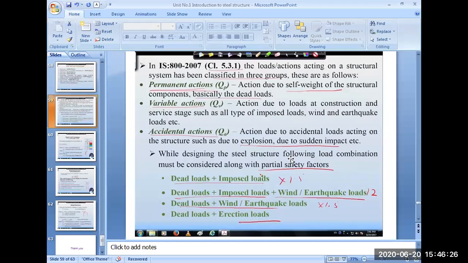So this is the structural system where the permanent actions, variable actions and accidental actions are coming on the structures, and we are considering the loads for these three actions. The combinations are dead load plus live load, dead load plus live load plus wind load, dead load plus wind load, and last is dead load plus erection load. So these are the four load combinations we are considering while designing the structure.